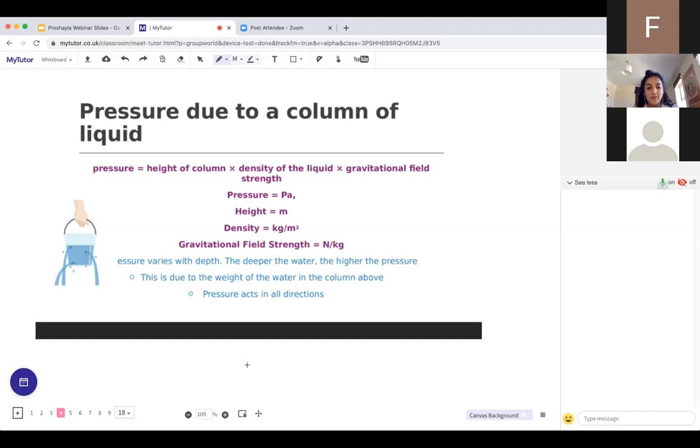So yes, we have our pressure equation for a liquid. What are the units then? So pressure, again, is measured in pascals. Height is measured in meters, like it always is. Density is measured in kilograms per meters cubed.